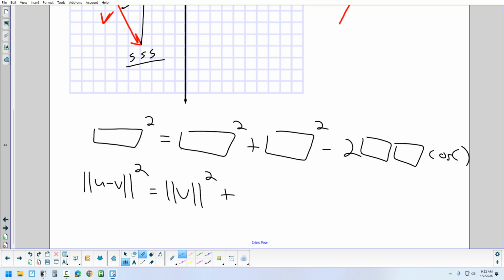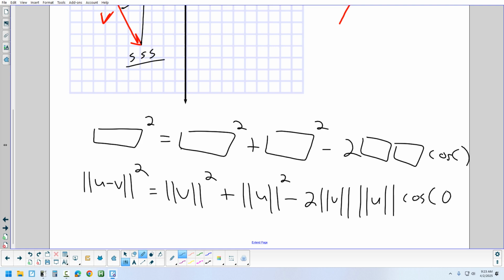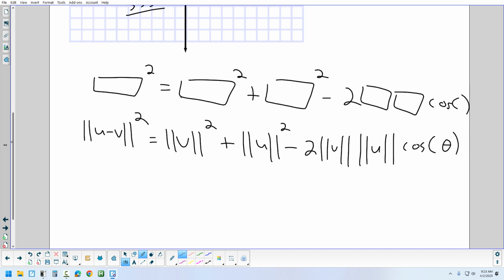And then the next one would be magnitude of u squared, minus 2, and then it's what comes in these two boxes. 2, magnitude v, magnitude u, cosine theta. There's our formula. So that's law of cosines, just filling in our three sides of this diagram. Okay. Any question on that?